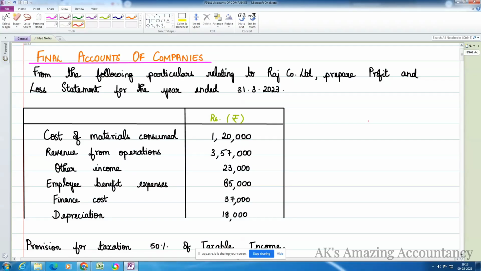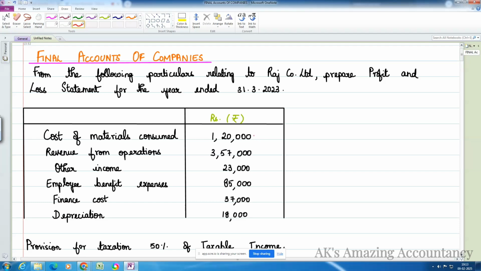Now, I am going to work out a very simple and easy problem involving the preparation of the statement of profit and loss. Let me read the problem first. From the following particulars relating to Raj Company Limited, prepare profit and loss statement for the year ended 31/3/2023.